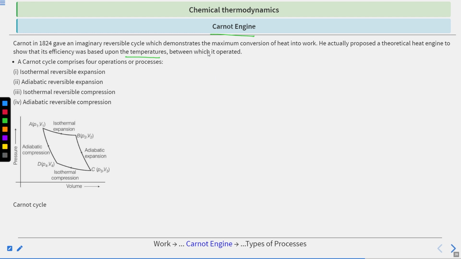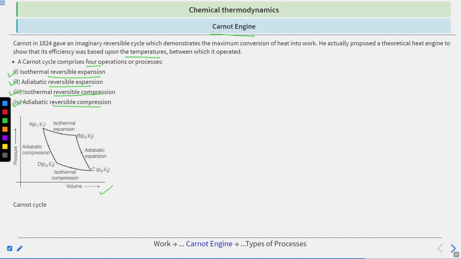So temperature is very important in the Carnot engine. A Carnot cycle comprises four operations: first, isothermal reversible expansion; second, adiabatic reversible expansion; third, isothermal reversible compression; fourth, adiabatic reversible compression.